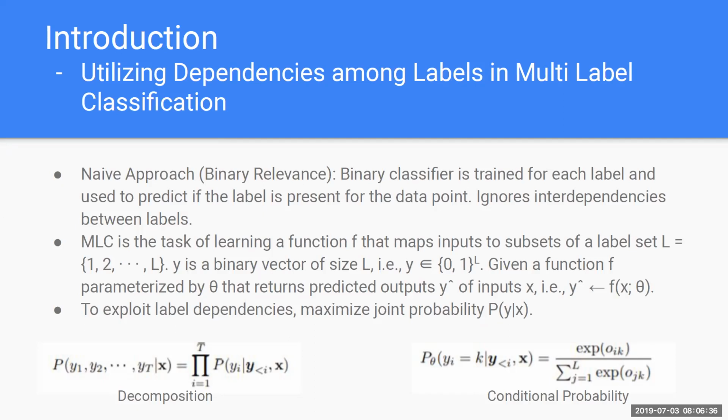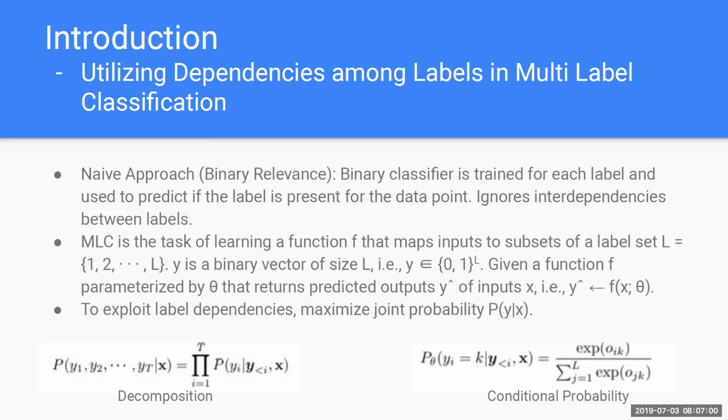So, very basic. Ultimately, the most naive approach is to use independent binary classifiers for each label, train them individually, and predict for each label essentially.